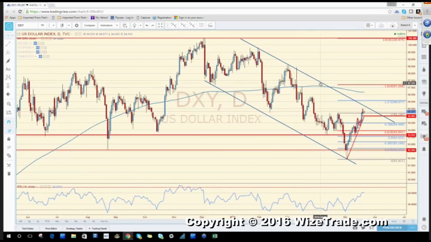Okay, so that resistance there, roughly 95.70.